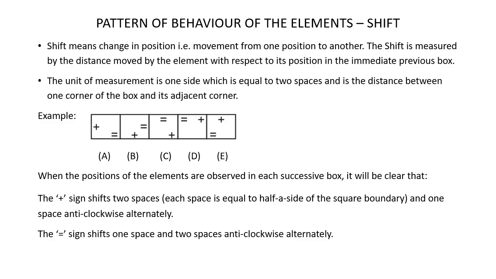So in the next box, the equal sign has to shift one space in the anti-clockwise direction. So it is in this position. In the next box, the equal sign has to shift two spaces in the anti-clockwise direction. So the equal sign is in this position.